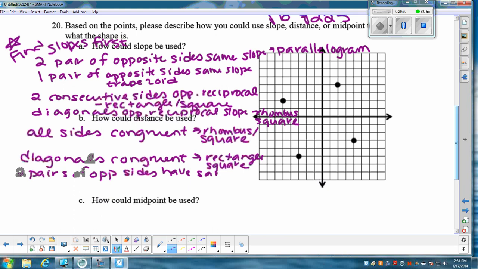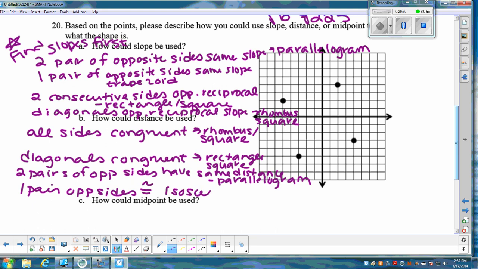We have a parallelogram. And if we have one pair of opposite sides congruent and the other pair is parallel, then we have our isosceles trapezoid. Then the only time we're going to use midpoint is if our diagonals have the same midpoint.